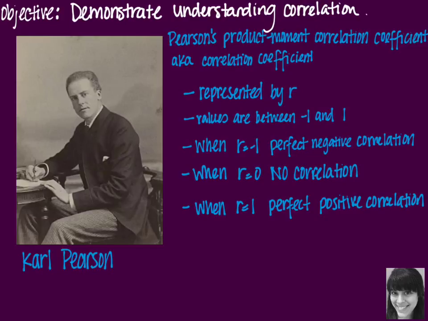That means every single data point in the population or in your set falls on a line. And it's not like a little bit off or anything like that. It is perfect. Whenever you have a 0 for R, it means that there is absolutely no correlation, none whatsoever. Now, when R equals 1, that means you have a perfect positive correlation, okay?